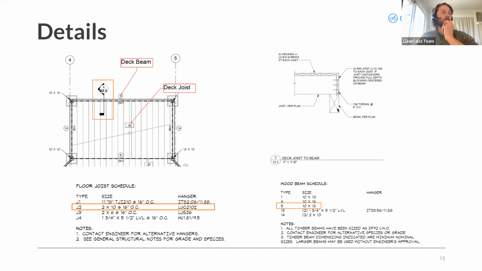And then we know the beam per plan, since it's number 5, is a big old 10x18 beam under those deck joists. So that's how we would go from locating the symbol for a detail in the floor plan or the drawings, and then navigating to where it is under the details pages. And then of course, using that knowledge of the member schedule to determine actually what that is.